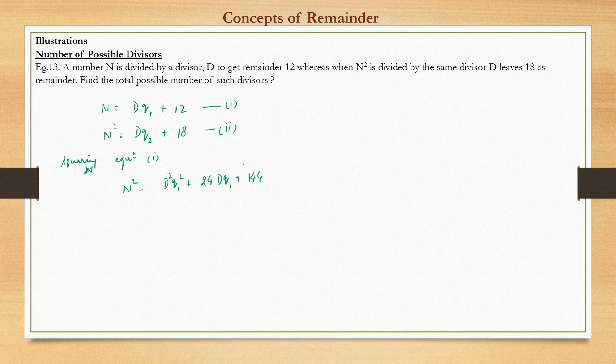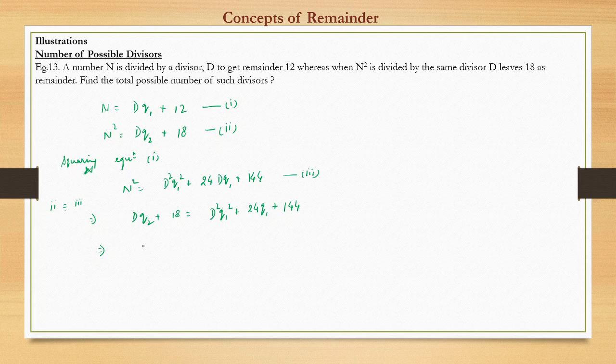Now let's suppose this is equation 3. So either we can equate equation 2 and 3, let us do that only. That way also, or there's another way that I'll discuss later. I can write n square as dq2 plus 18, so 2 is equal to 3: d square q1 square plus 24 dq1 plus 144.